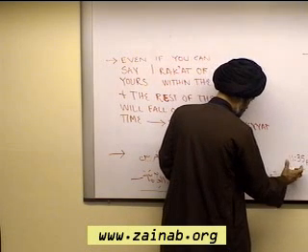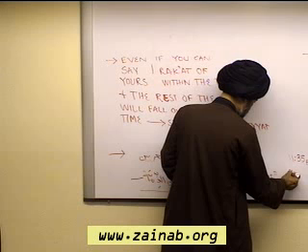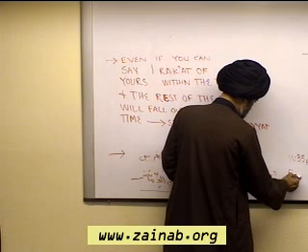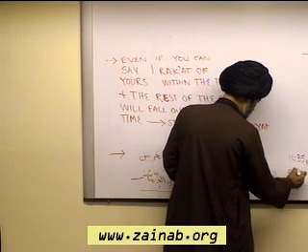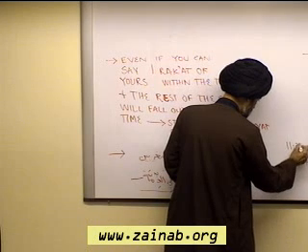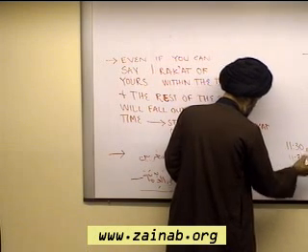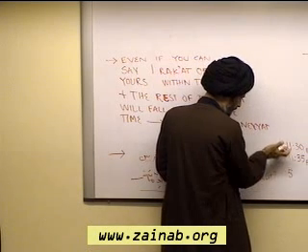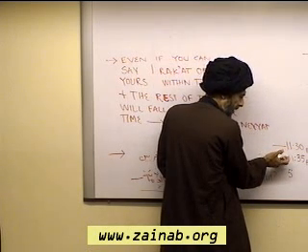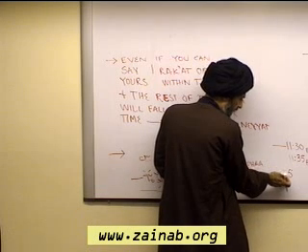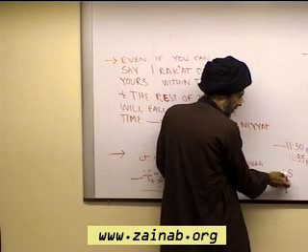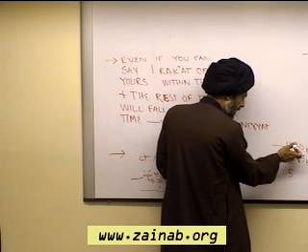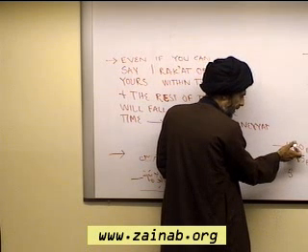Then if you usually take 5 minutes to say 4 rakats of Isha prayers, then at 11:30 p.m. tonight, for example, Maghrib will become qada.